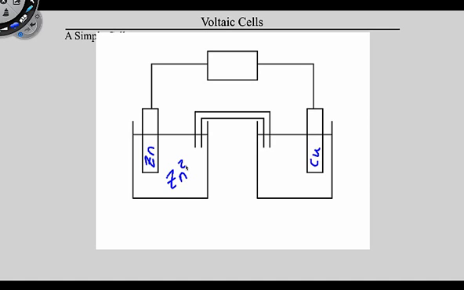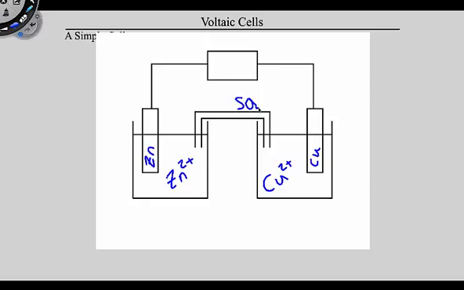So this is zinc, this is zinc 2+ solution, and this is copper 2+ solution. But we understand, guys, that these are both salts of sulfate. We're not going to talk about what the salt bridge does, but let's establish what our salt bridge will be made of.